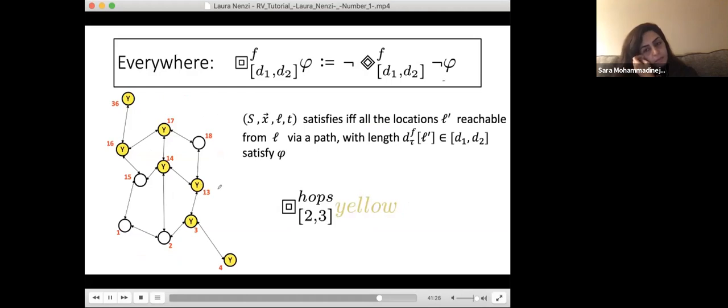Then we see the everywhere operator, which instead of saying that there exists a location at a certain distance from where I'm checking the property that satisfies the property phi, says that all the locations that belong to the interval D1 and D2 must satisfy the property phi.